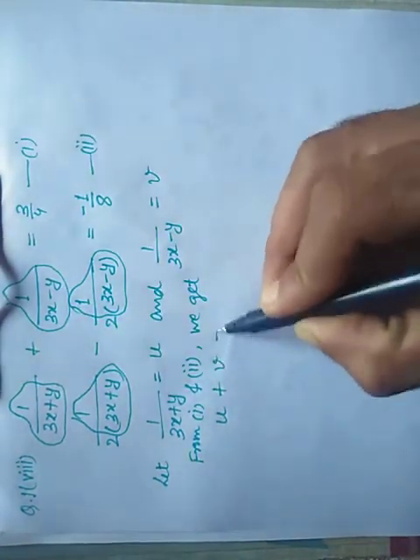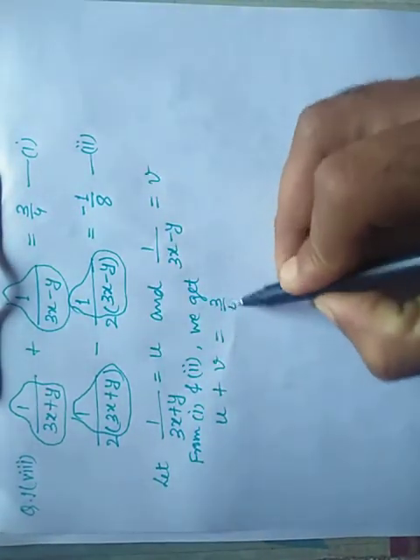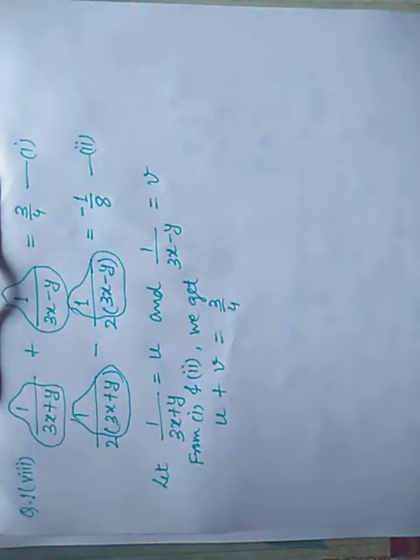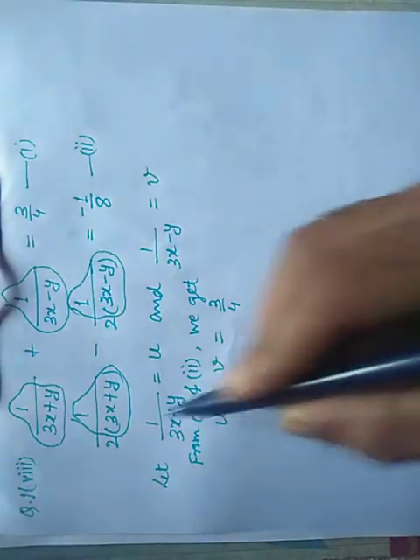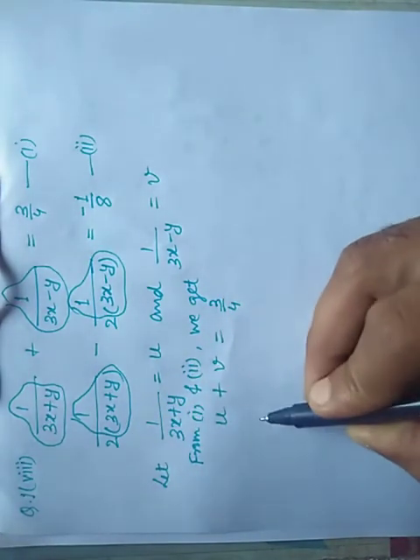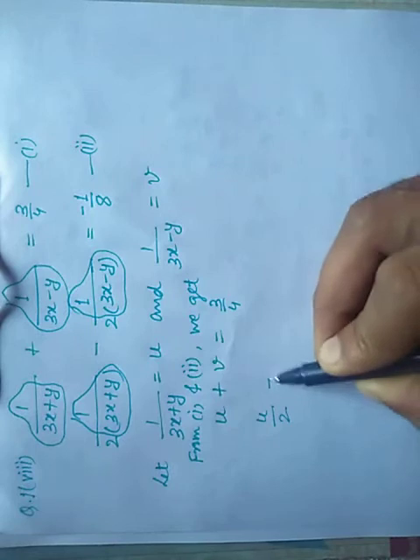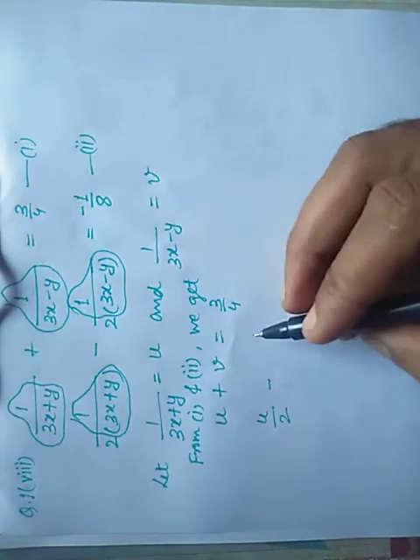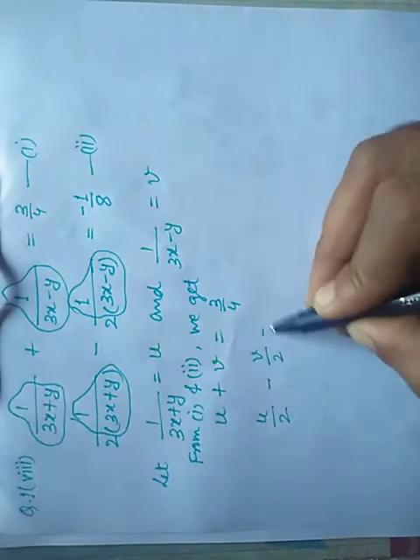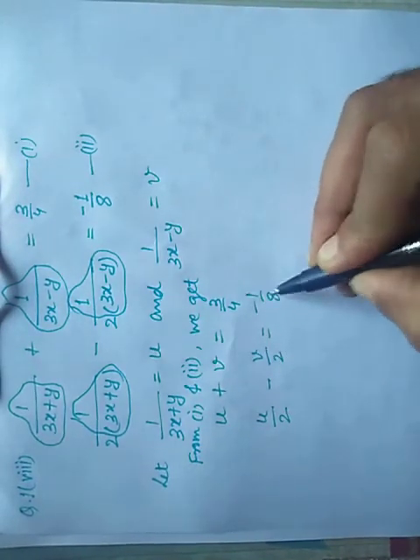U plus v is equal to 3 upon 4. Okay, and it will be here u upon 2, because 2 is here, so u upon 2 minus v upon 2 is equal to minus 1 upon 8.